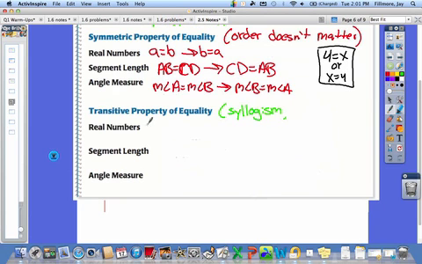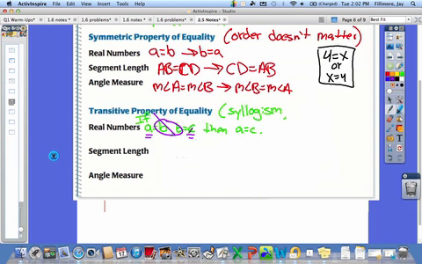So for example, if I were to say if A equals B, let me write that, and B equals C, then I can say that A equals C. So I'm taking whatever is in the middle and cutting it out, and leaving what's first and what's last. So I'm saying that A equals C. Exact same thing we did with the law of syllogism. You cut out the common interior and leave what is left, A and C. So if A equals B, and B equals C, then A equals C.